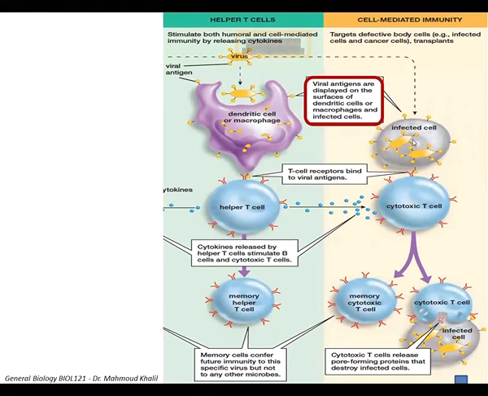Soon after that, the T cell receptor of the helper T cell will bind to this antigen expressed on the dendritic cell or macrophage, and the binding of the T cell receptor to this viral antigen will stimulate, by cytokines, the CTL to bind to the infected cells and differentiate into two important cells: CTLs that continue killing the infected cells, and memory cells that keep the memory.